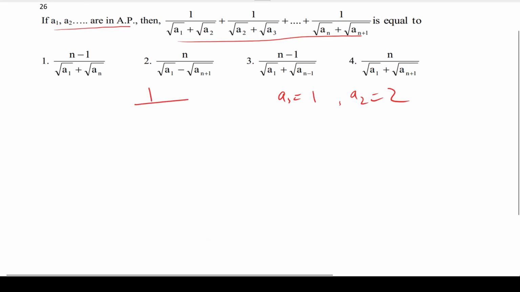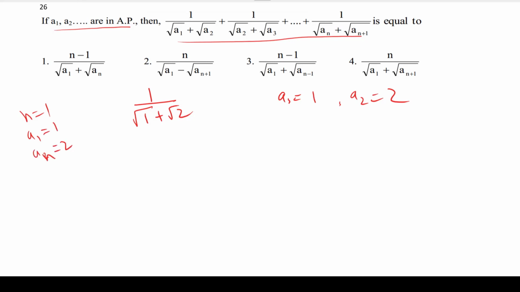Now putting these values, this summation will equal this. Now put n equals 1 and n equals 2. So this will not be the answer, and this also will not be the answer. This also will not be the answer.